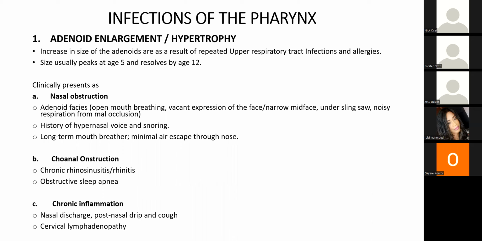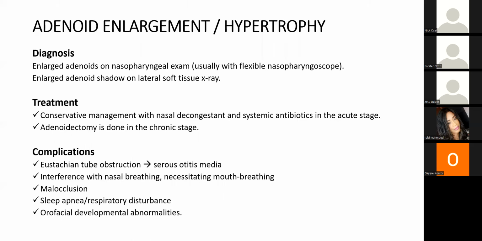And then clinically, you can present with nasal obstruction, and some chronic respiratory inflammation, which will typically present as nasal discharge, post-nasal drip, and cough. And then you could also have an enlargement of the cervical lymph nodes as well.